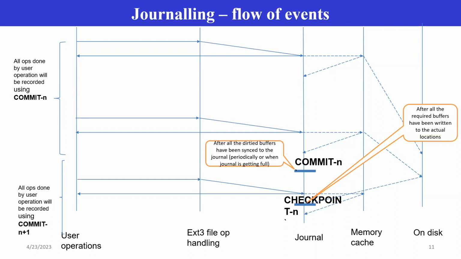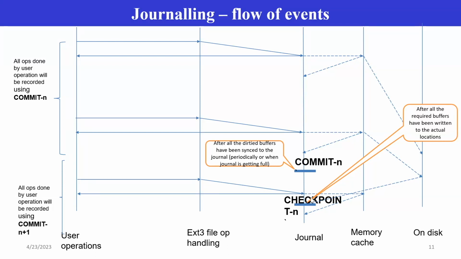Any other questions? Is there memory cache for data buffering that you need to write to the disk? Which memory caching are we talking about? Like the VFS cache? The one after the journal in the picture.